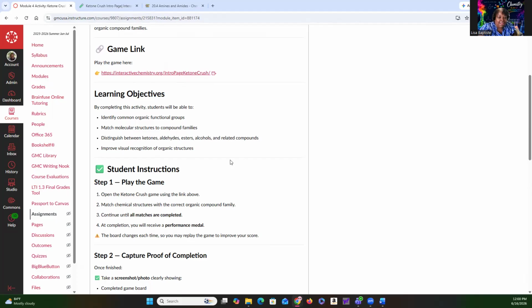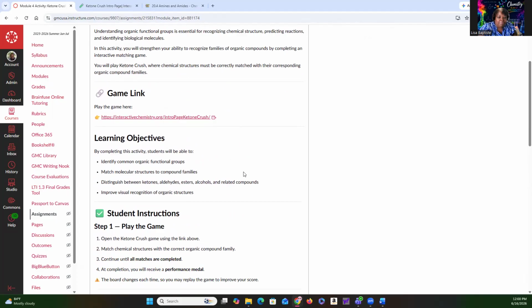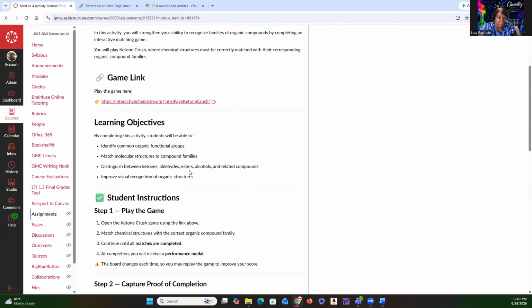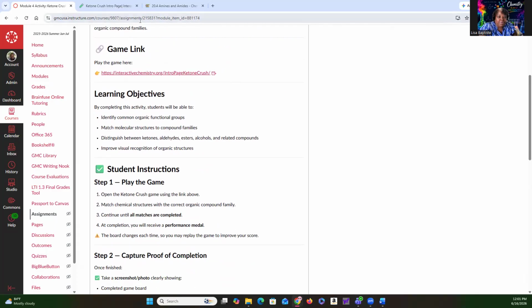So this is not only for amines and amides, but it's for all of these. That way, it's a good practice for the midterm exam. All right, so we're going to open it. And it says you want to match the chemical structure with the correct organic compound family. You want to continue until all matches are complete.